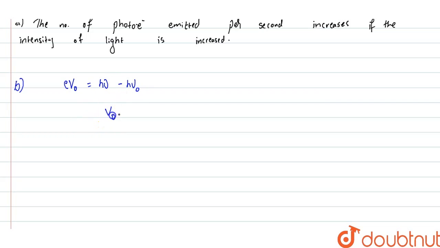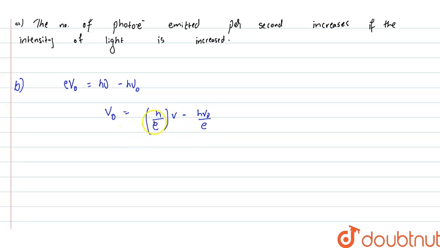So V0 is given by (h/e)ν minus hν0/e. So V0 versus ν is a straight line.